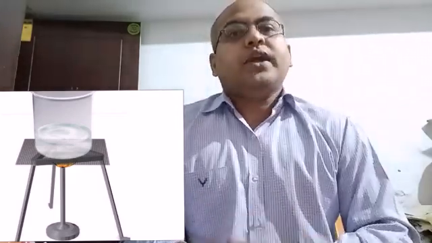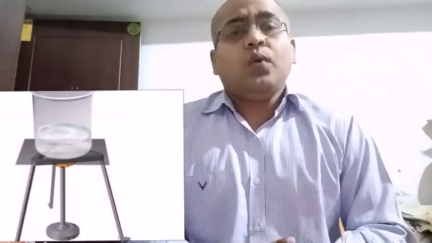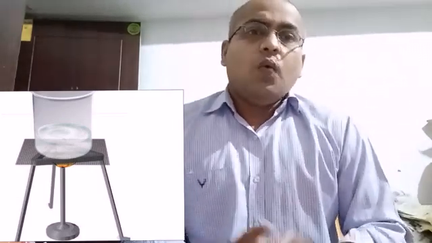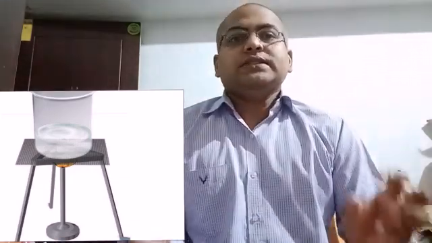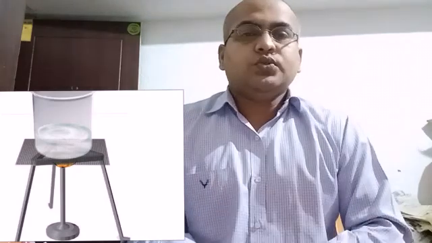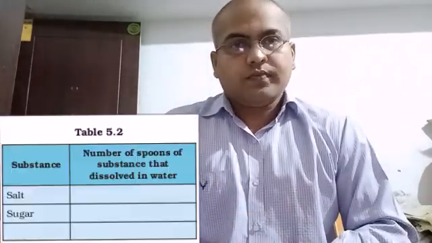Now let's move to activity number 10. In this activity we will observe the capacity of water to dissolve different substances in different amounts. Here we take some sugar, some salt, two beakers and water.